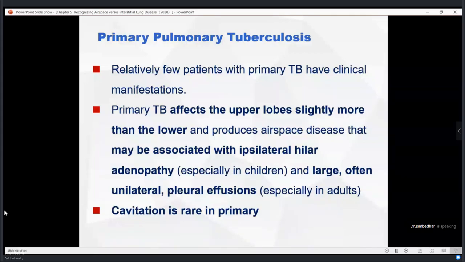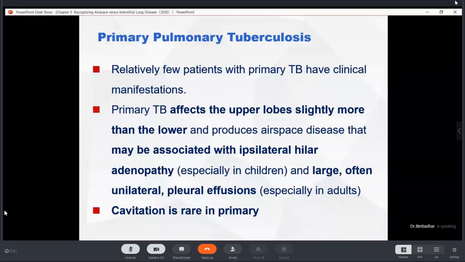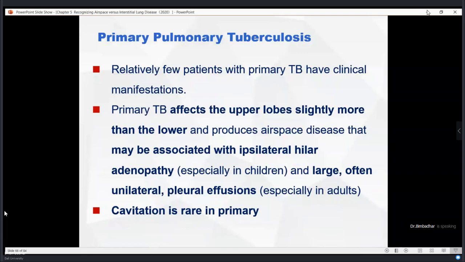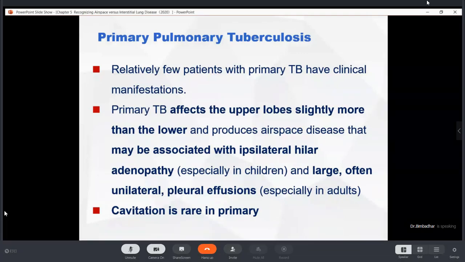But that criterion is gone. Any Ghon focus in either the left or the right lung indicates that the person has tuberculosis, because of the primary granulomatous reaction caused by macrophages. That is the first characteristic feature that we see.